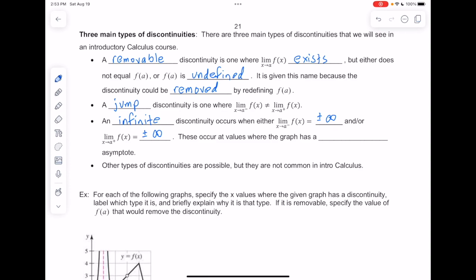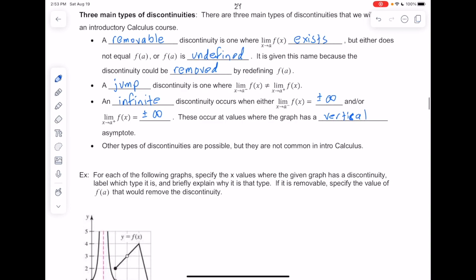And typically for most of the functions we see, if we're approaching infinity or negative infinity from one side, we're also approaching one of those infinities from the other as well. And that's because these occur where graphs have a vertical asymptote. And except for special functions, it's normal if there's a vertical asymptote, you're approaching either plus or minus infinity on each side. So vertical asymptote.